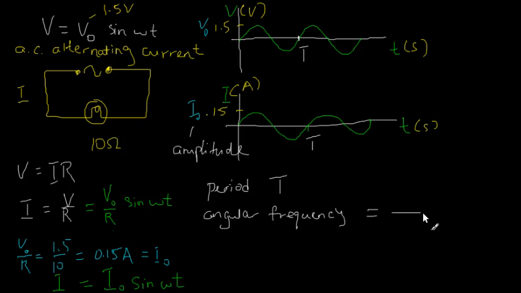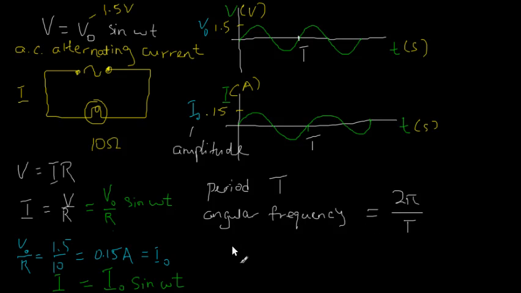The angular displacement over time. In this case, in one period, the angular displacement would be 360 degrees, or 2 pi radians. We prefer to do this in units of radians rather than degrees, and this applies for simple harmonic motion and for waves. Okay, so that's the angular frequency.